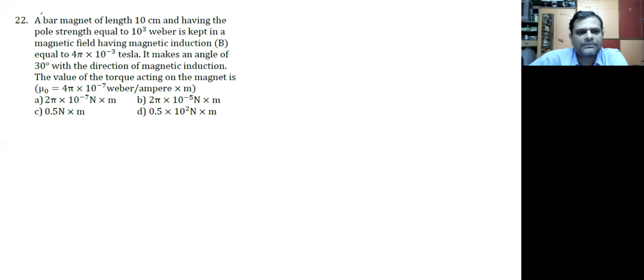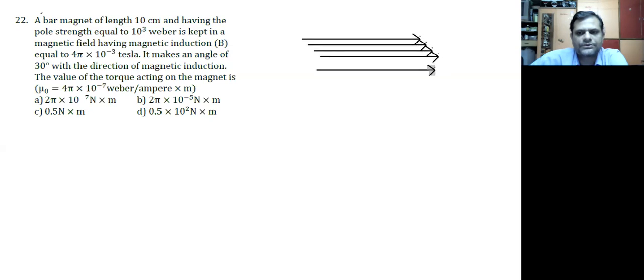So देखो, a magnet है, the same situation once again. There is a magnetic field. Suppose this is the magnetic field, and a bar magnet is just kept in this magnetic field here.